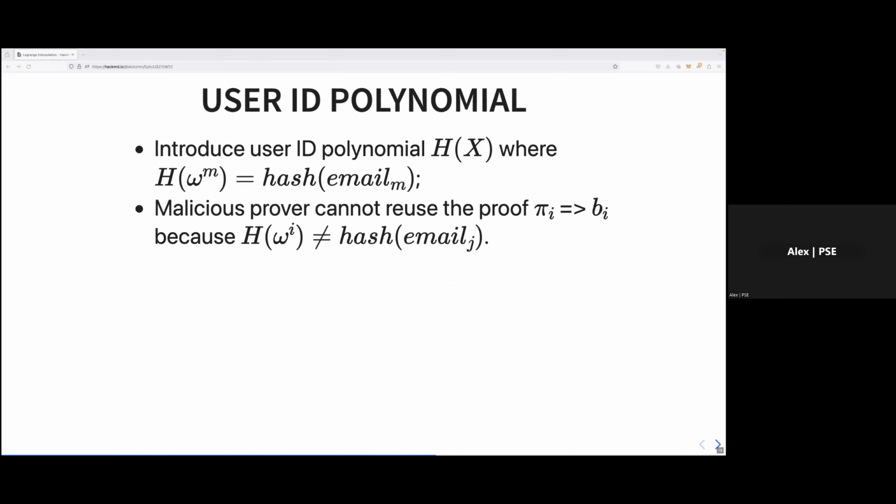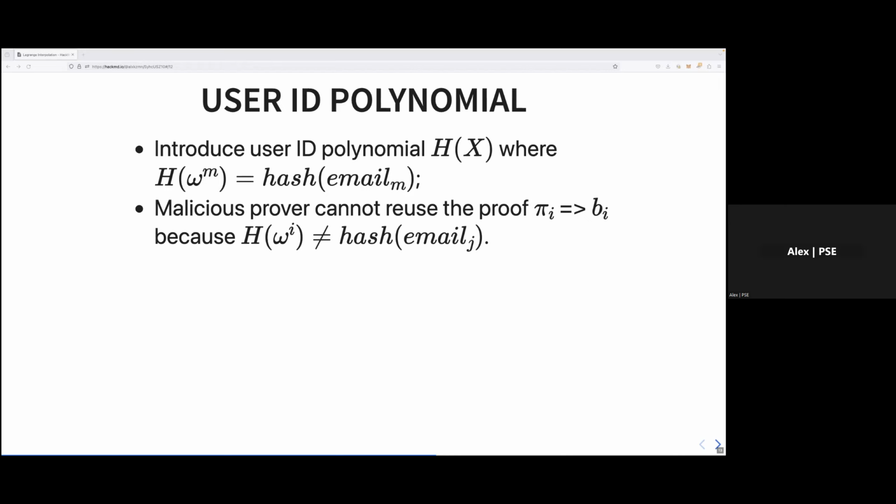Email may not have a fixed size, but for hash we can choose a convenient hash function, and we don't need to hash it inside the circuit. As a user, it's enough to hash your email and you will know this value off chain, offline. You can do it off proof.